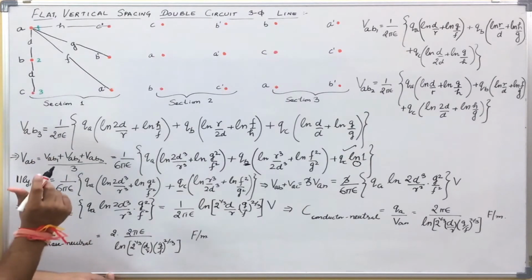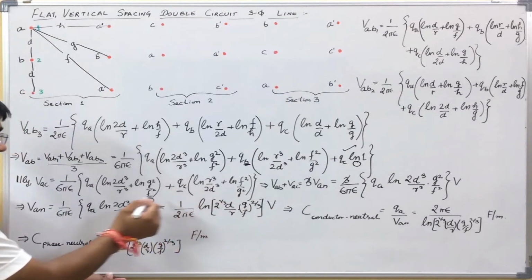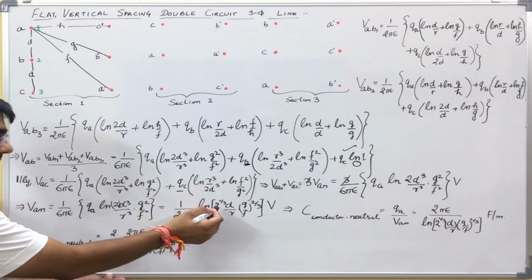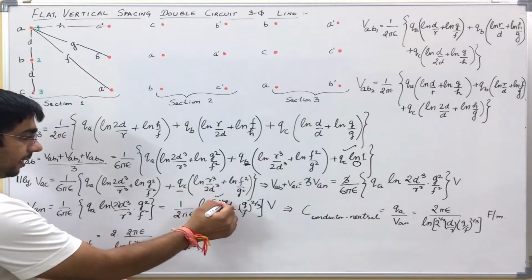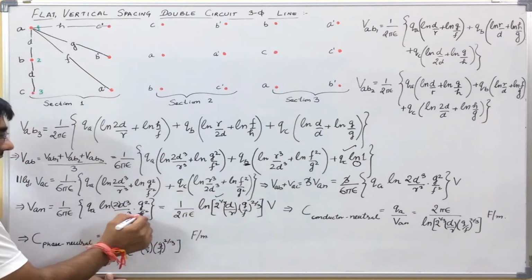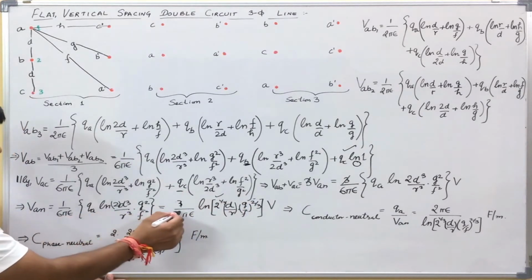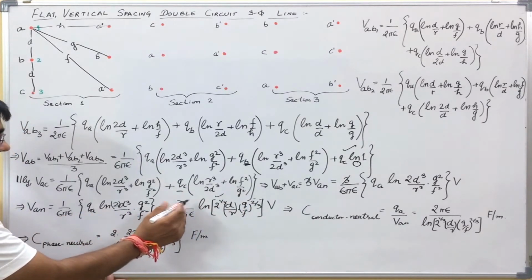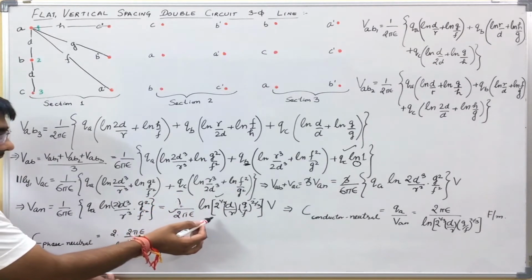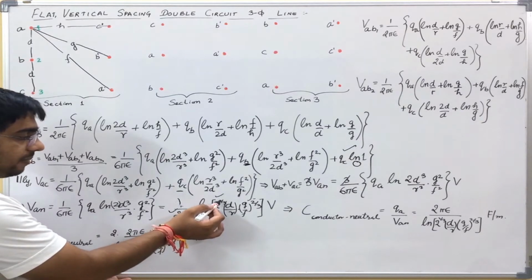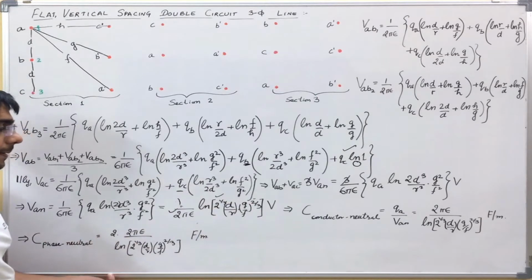Now if I take the cube common outside, this power will become 1 by 3 and this total cube will become power 1, and this 2 will become 2 by 3, and 3 will come outside and cancel this 6, leaving only 2 here. In this way I can write this as 1 by 2 pi epsilon natural log 2 raised to power 1 by 3 d by r into G by F raised to power 2 by 3.